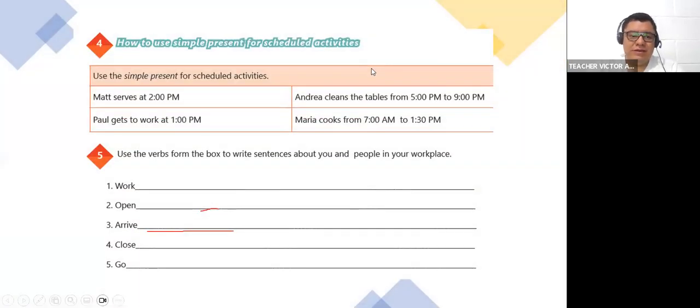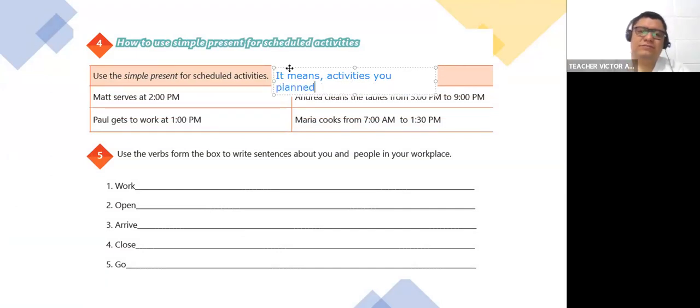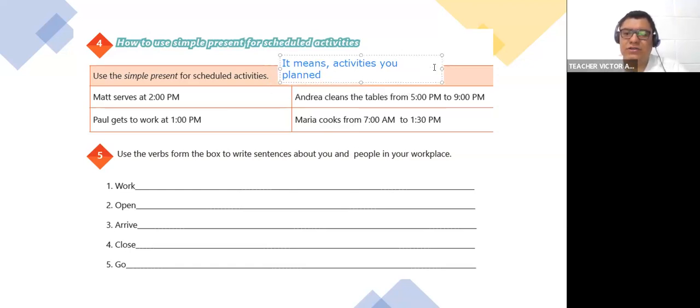Now this is what we're gonna pay attention to. It says that we use the simple present for scheduled activities, right? When we talk about scheduled activities, it means activities you have planned, and you are sure about that.